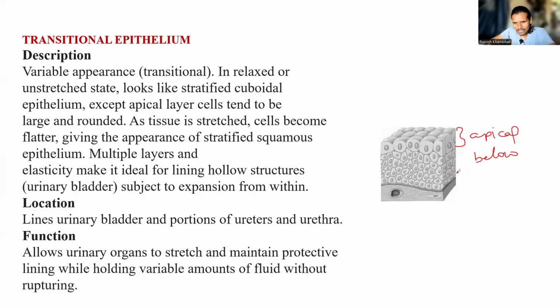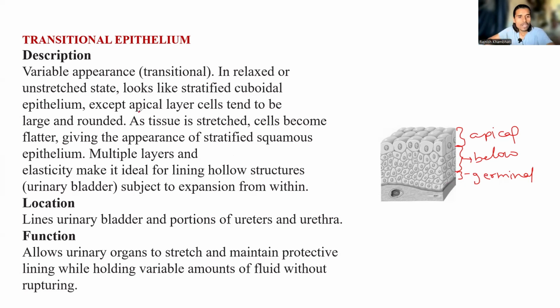And this last single layer is known as the germinal layer. The germinal layer will continuously, whenever needed, add some new cells on the above side. So this is the below layer. Likewise, you can see three layers are there.